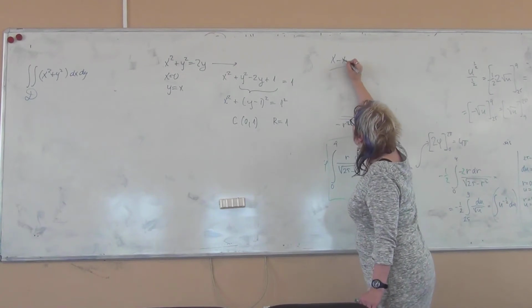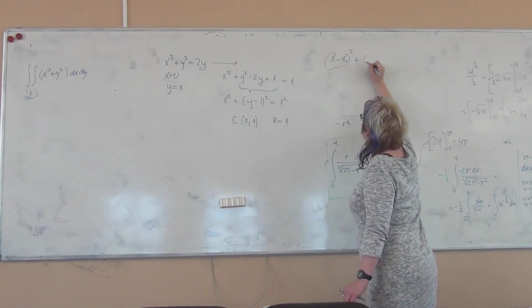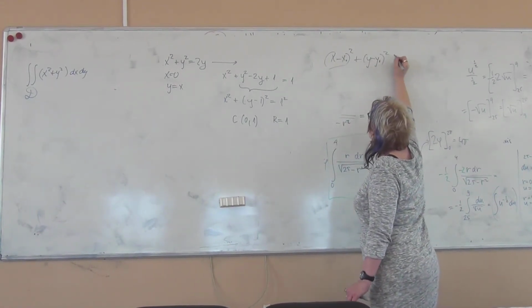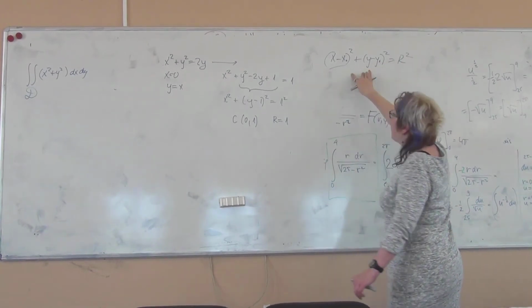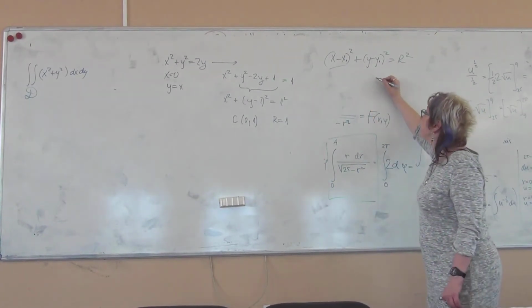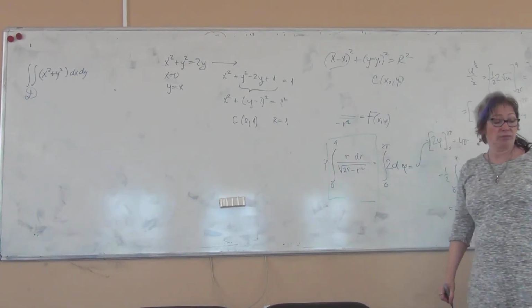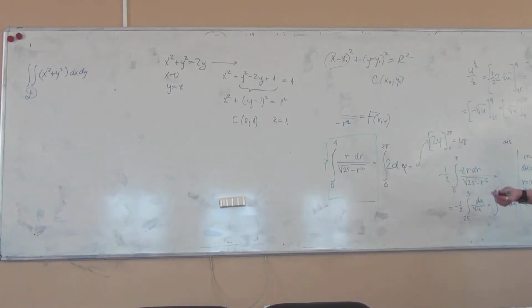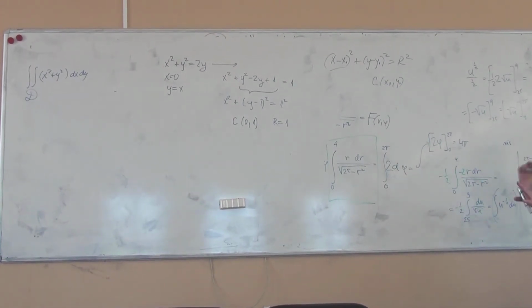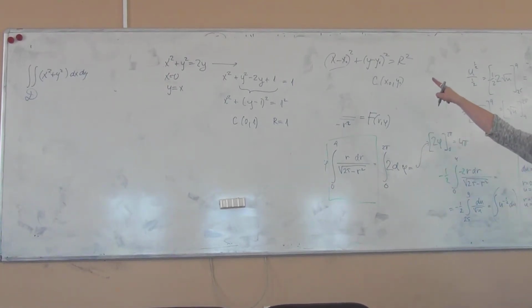Remember, (x minus x0) squared plus (y minus y0) squared equals r squared is a circle with the center at the point (x0, y0). So sometimes we need to rearrange that equation a little bit to figure out what the center actually is. The center is not at the origin, the center is somewhere else.